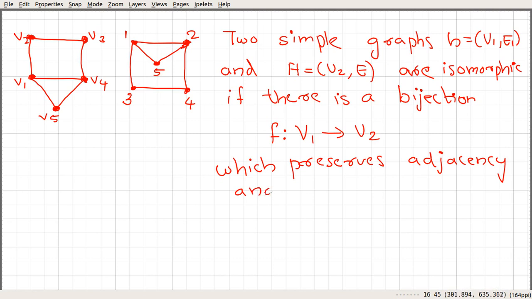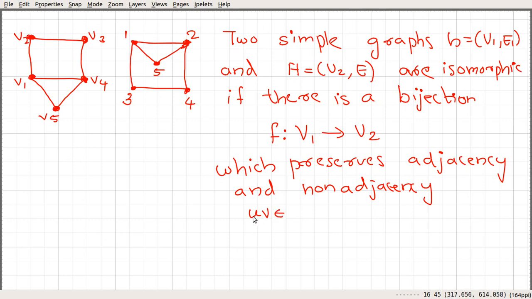and non-adjacency. It means, suppose that we have two adjacent vertices u and v, and consider the edge. Adjacent means they are connected by an edge.